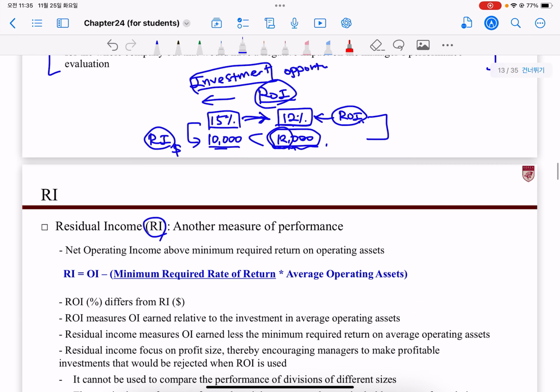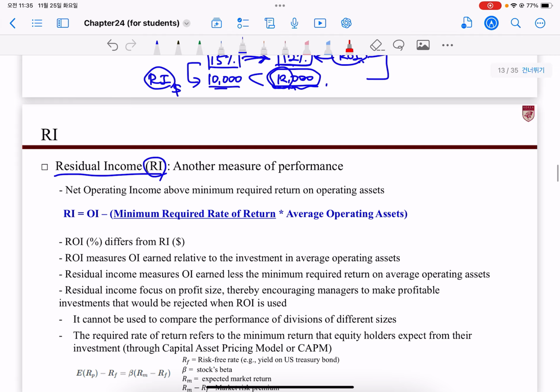Okay, so that's why we are now going to look at residual income, RI. This is another measure of performance. In other words, it's the net operating income above the minimum required return on the operating assets. One thing to note is that OI is the EBIT. This is the same number from the ROI numerator.